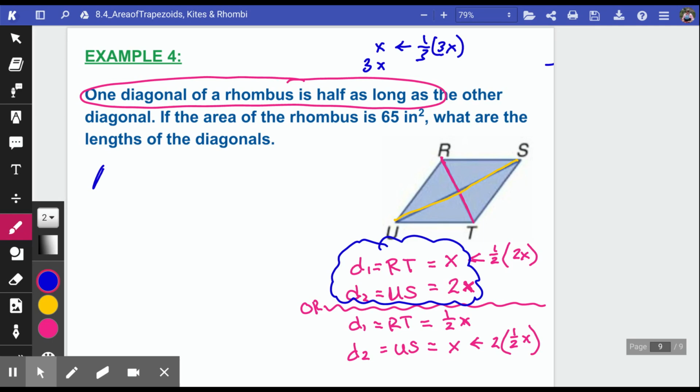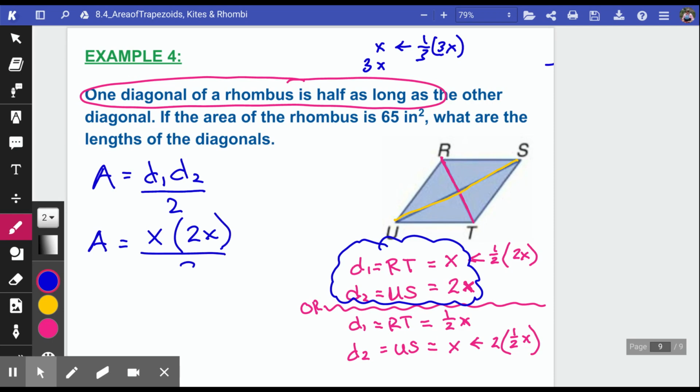So area is equal to one half diagonal 1 times diagonal 2. Diagonal 1 is X, diagonal 2 is 2X. And then I'm just solving for X. X times 2X is 2X squared.